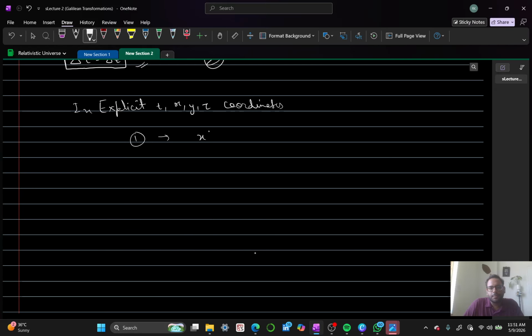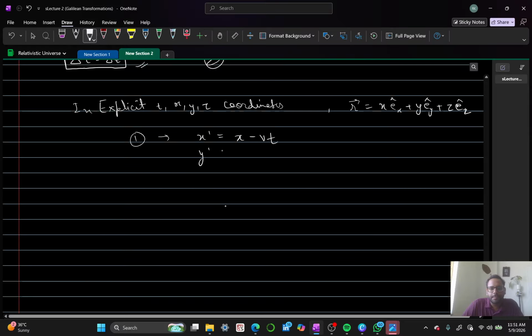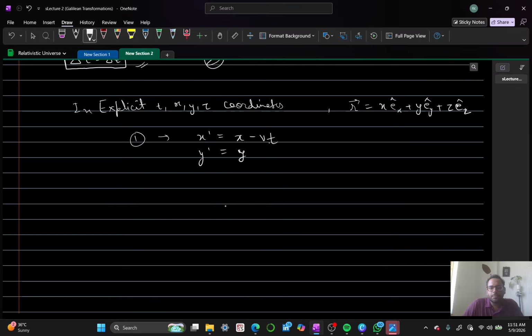You can find it out by putting in your vectors: this is x in the x direction, this is in the y direction, and this is in the z direction. When you put this in your first equation, you will find these coordinate equations. There is no velocity in the y direction, so there will not be any change in the y direction as well as the z direction.